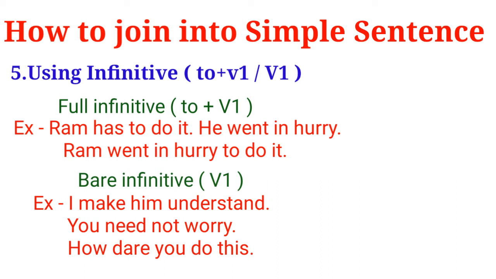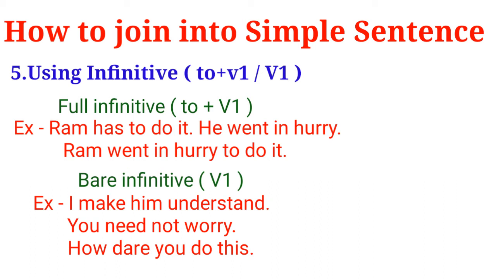Suppose in the given sentence there is only you need. You need is the complete sentence, but suppose there is no need in the sentence, only you not worry, then this sentence cannot be complete. Means worry is such a verb that cannot provide completion to the sentence. So worry becomes infinitive and need becomes the finite verb.